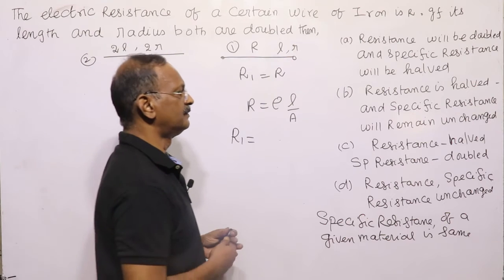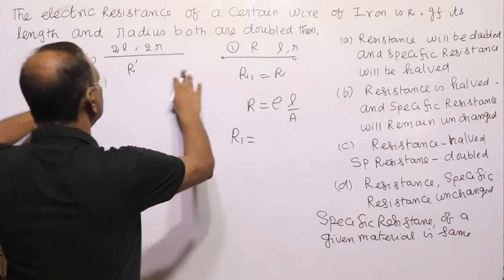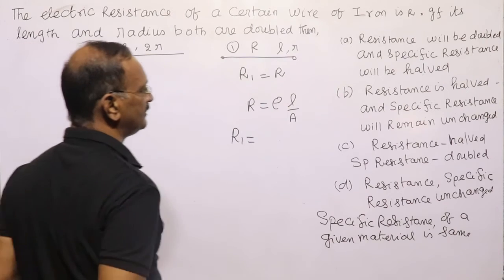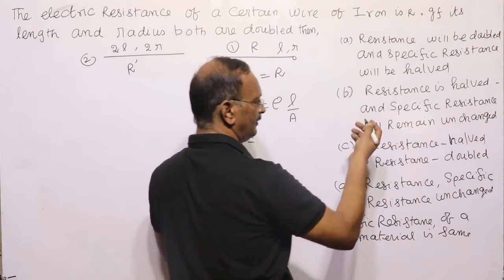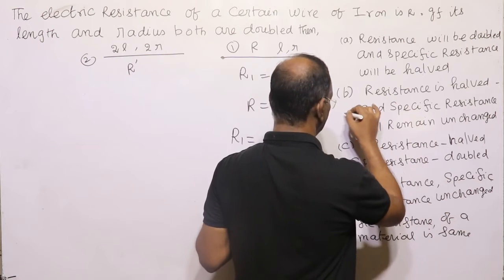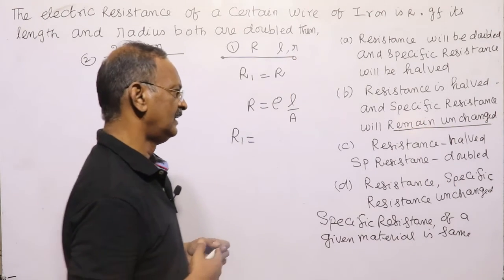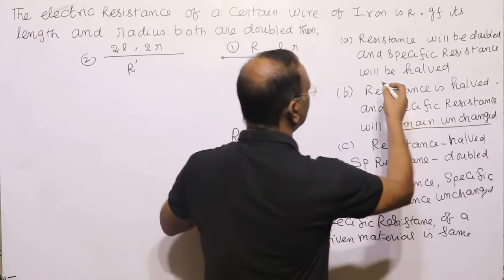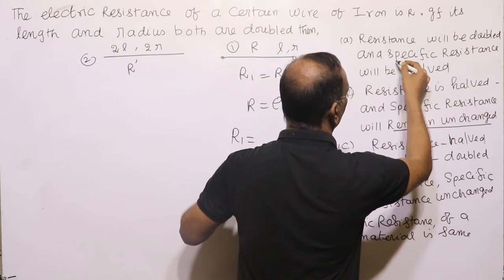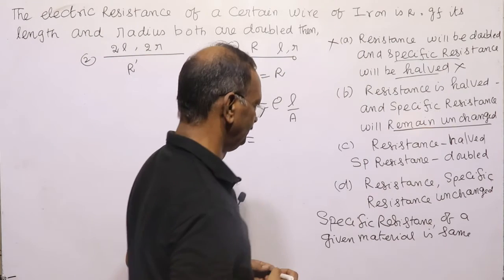So specific resistance is the same, the material is only undergoing change in the dimension. So resistance we do not know, and specific resistance will remain unchanged. So this part is okay, specific resistance will remain unchanged. Here the second option, specific resistance will be halved. So this is not correct.